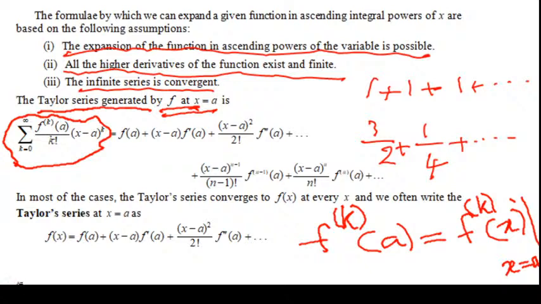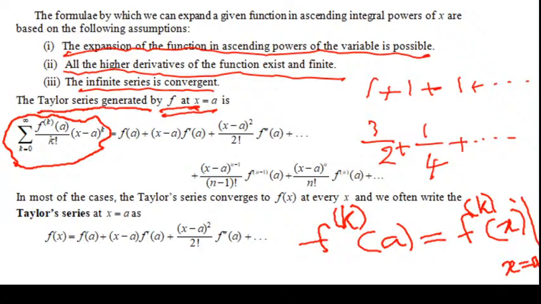Okay, so look at the left hand side once again. When we put k is equal to 0, what happens? We have f^(0)(a) by 0 factorial times (x minus a) to the power 0. You all know that 0 factorial is regarded as 1, (x minus a) to the power 0 is again 1.